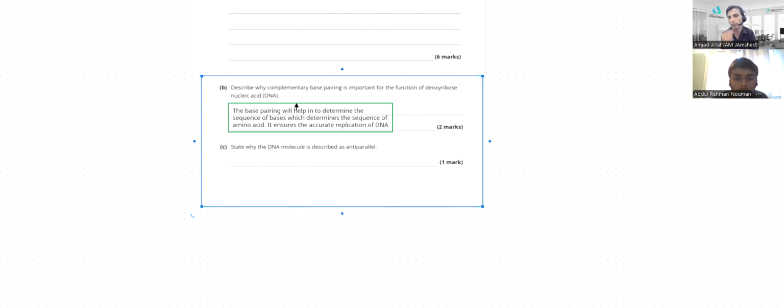You can also add by matching how, so there should not be any ambiguity there. You should complete this sentence with by matching specific base pairs, and in brackets you can write adenine with thymine, cytosine with guanine, because we are talking about DNA.